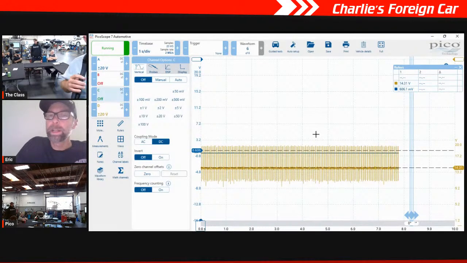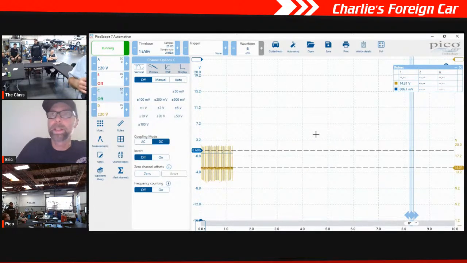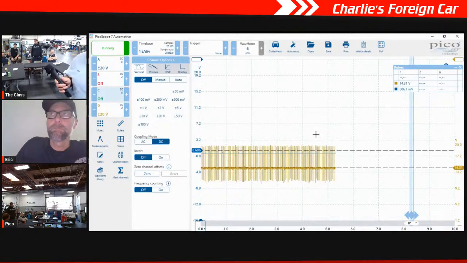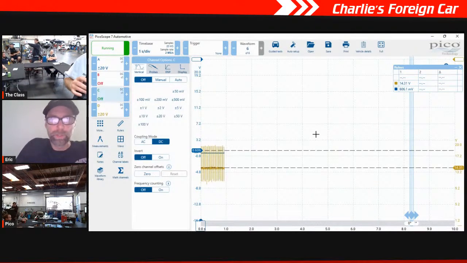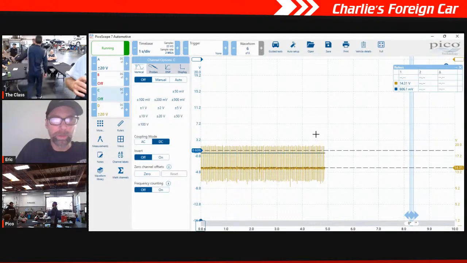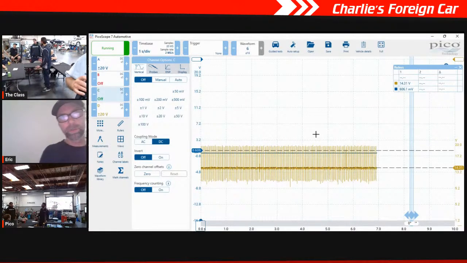So when you activate it, does it show that? If you're looking at that signal on the scope, can you see the solenoid being activated? Is the pulse width or the duty cycle changing on the control solenoid?